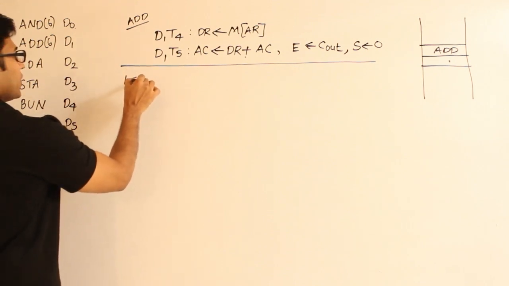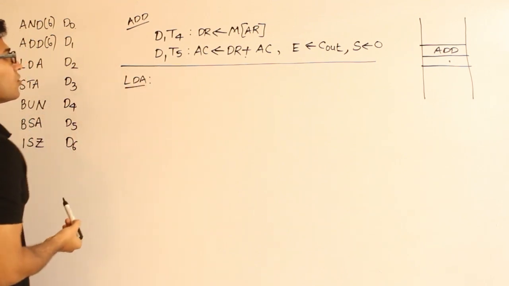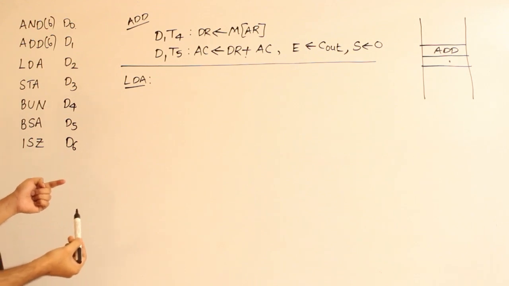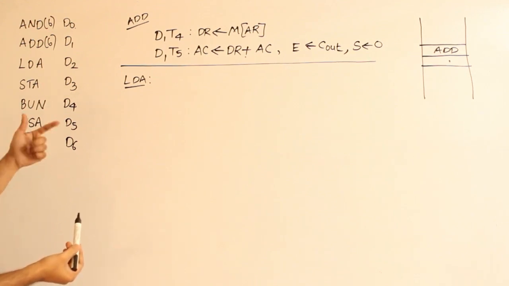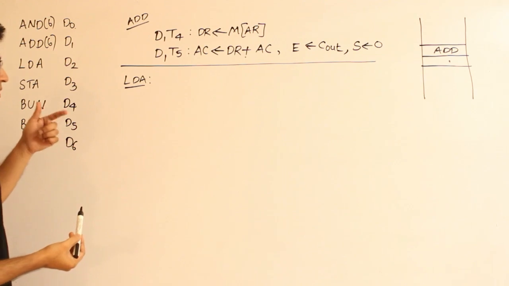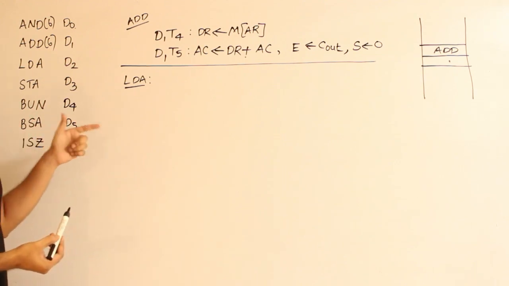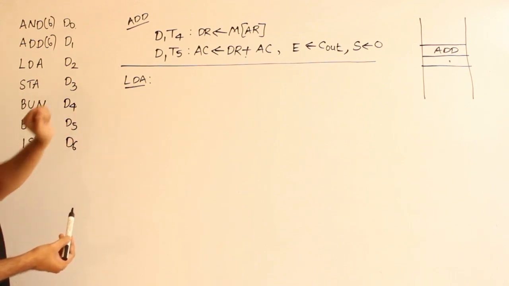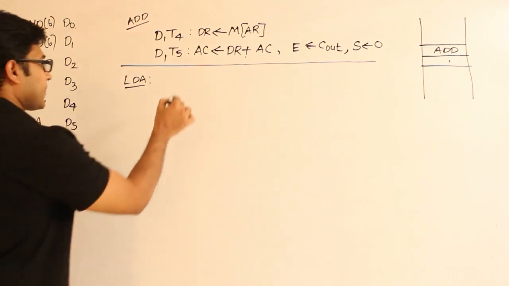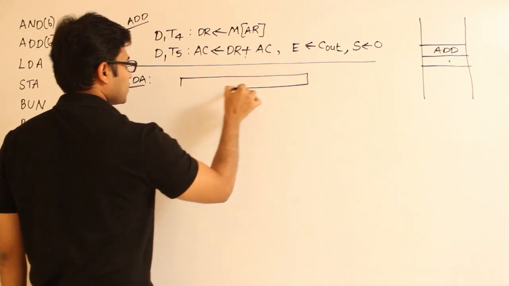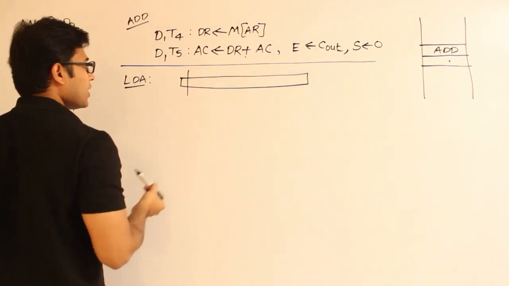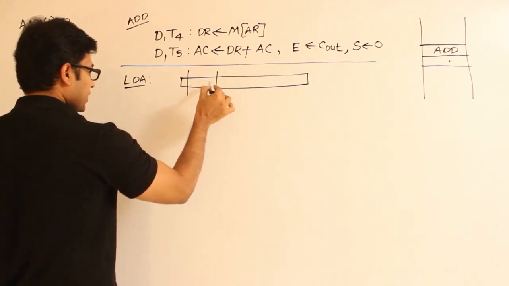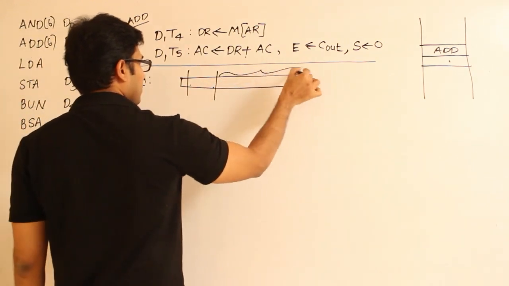LDA means load accumulator, which means we are going to load the accumulator with a word which is present in the memory. Now where is that word present in the memory? That will be given by the effective address which is present in the instruction itself. See this. The first bit is going to say the mode, and the next one is going to say that it is LDA, and here we are going to get the address.